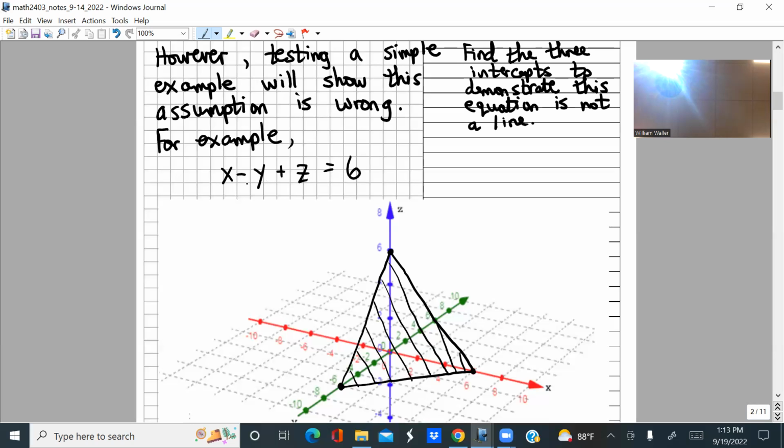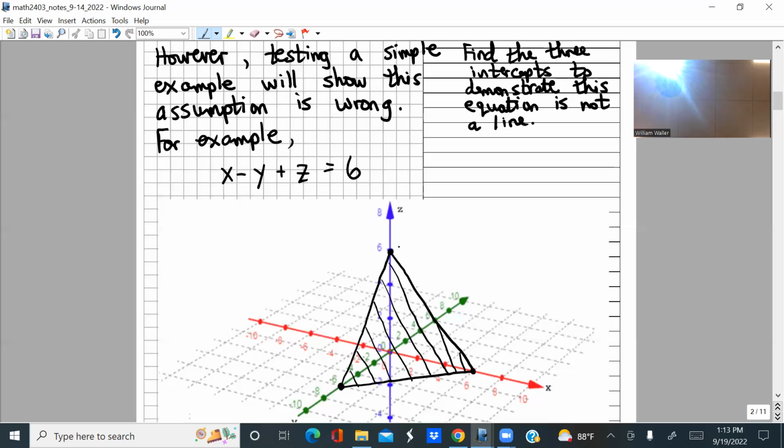If you set x and y to 0 in this equation, z equals 6. X and Y being 0 means you're right on the origin in the XY plane, then go up to 6 on the z-axis.